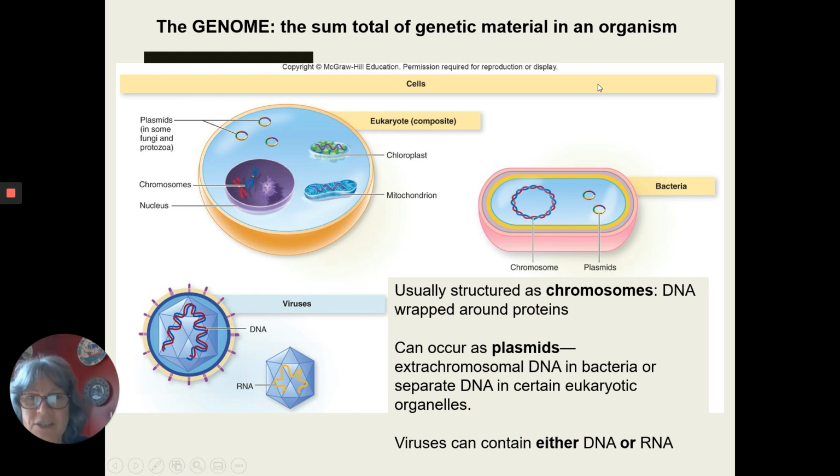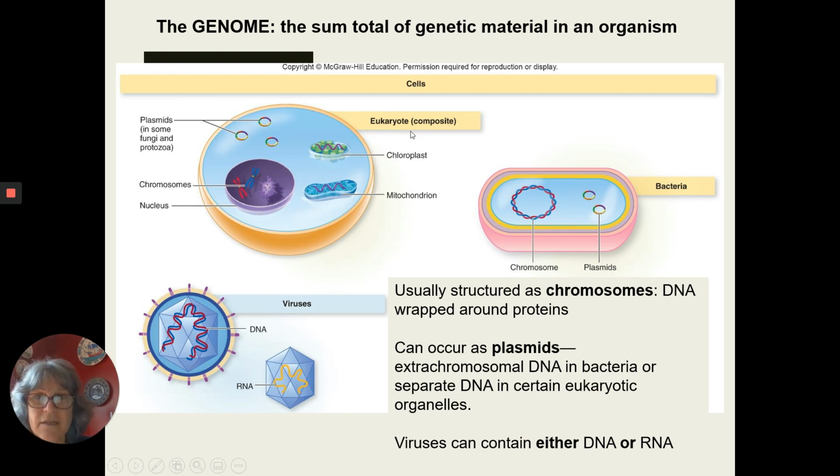So they're still packaged similar to chromosomes, but this chromosome, what we usually consider the organism's chromosome, is either thread-like chromosomes in eukaryotes or a circular ring in prokaryotes. This contains all the information needed for the organism to function.